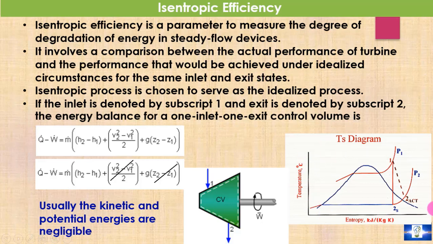Here is a TS diagram, temperature versus entropy, where this is the P1 constant pressure line and this is the P2 constant pressure line, where point 1 denotes the inlet of the turbine and after expansion point 2 is the exhaust of the turbine, and here point 1 to 2s is the idealized expansion.